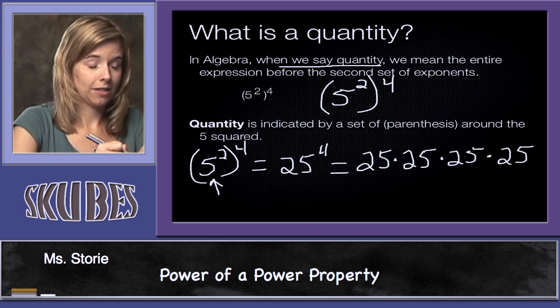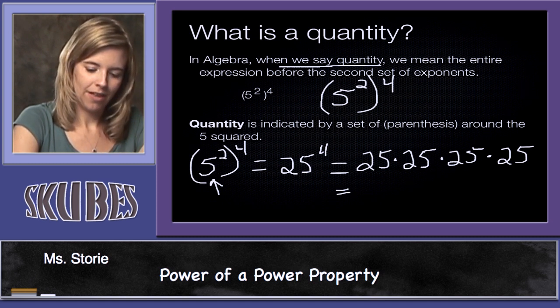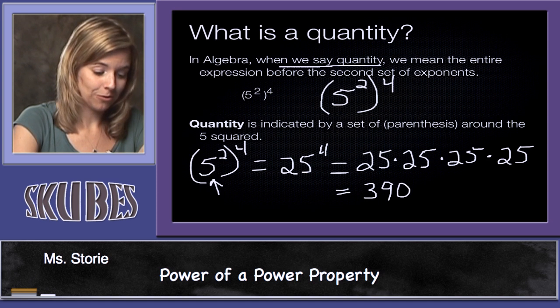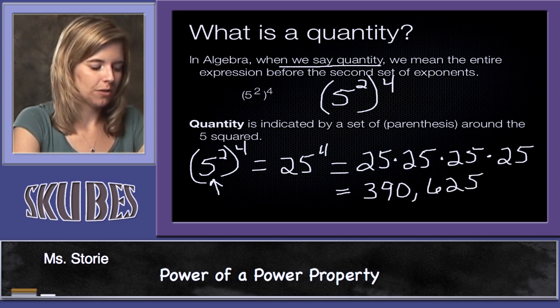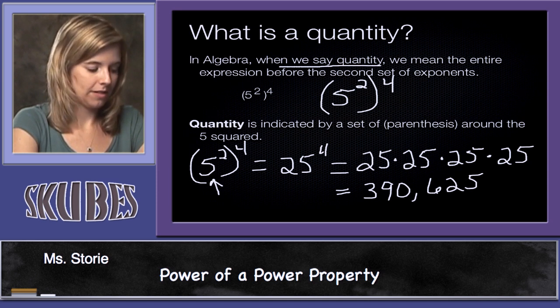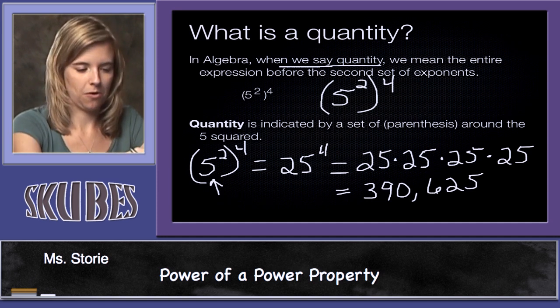It's going to be a massively large number: 390,625. That's when we took 5 squared, the quantity, meaning the entire amount, where 25 is 5 squared, and raised it 4 times in a row. And we got this huge number.